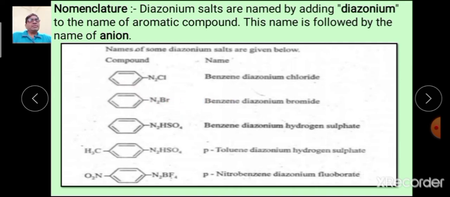Third one, benzene diazonium hydrogen sulfate. Here at para position there is a methyl group, therefore it is a methyl benzene, that is para-toluene diazonium hydrogen sulfate. Last one is para-nitrobenzene diazonium fluoroborate. Thus, they are named by adding diazonium and followed by the anion.